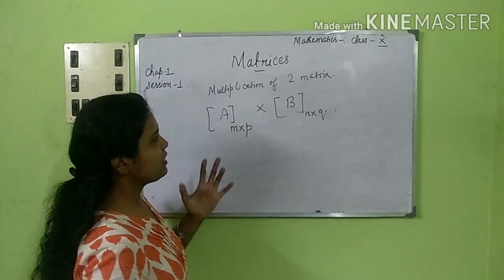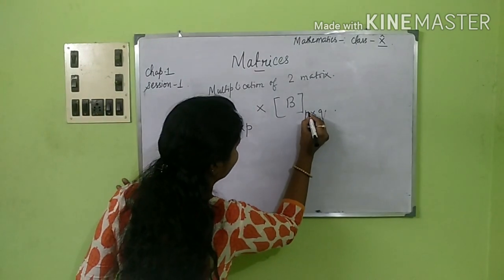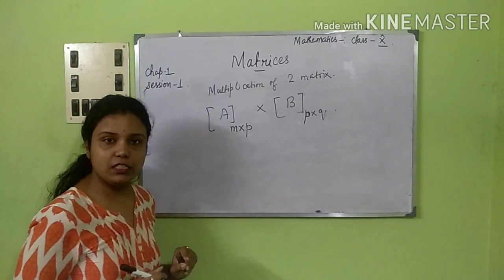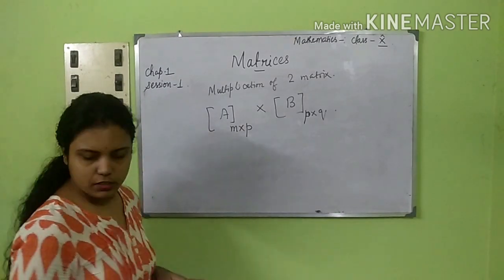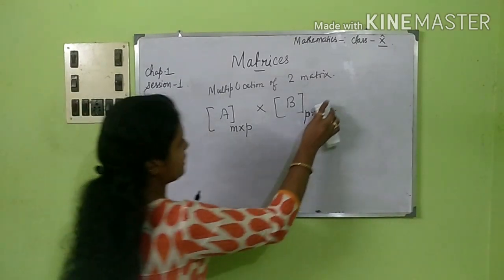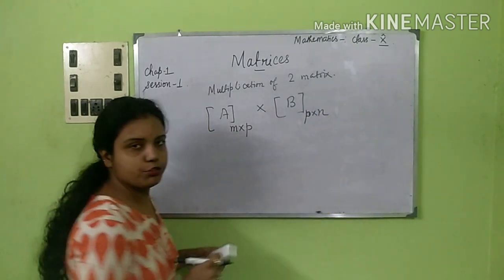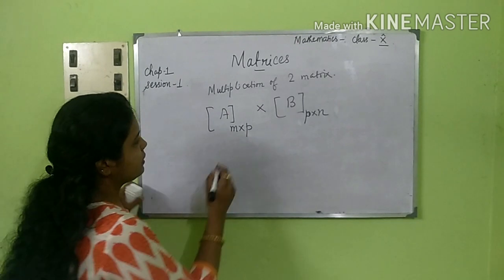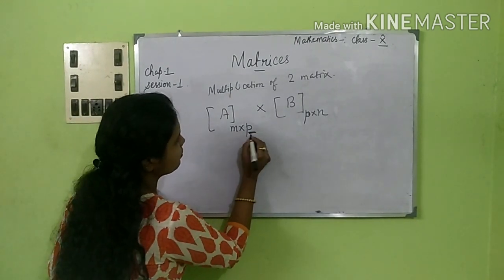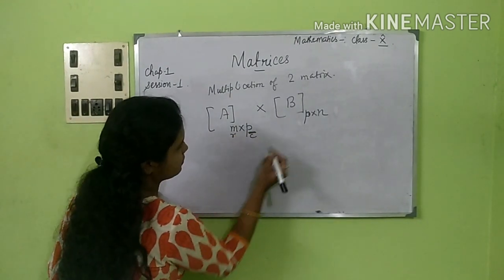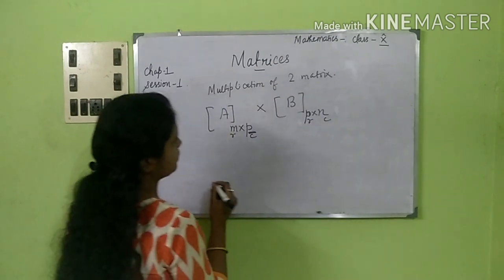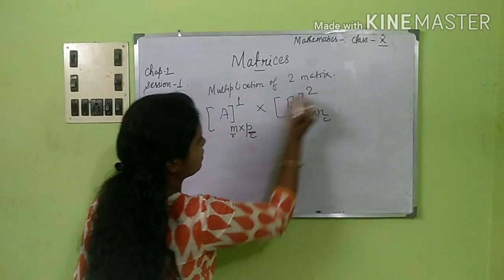In that case, let me write this as P only, it will be easy for you to understand. And let me write this as N. This is row, this is column. This is row, this is column. This is the first matrix, this is the second matrix.